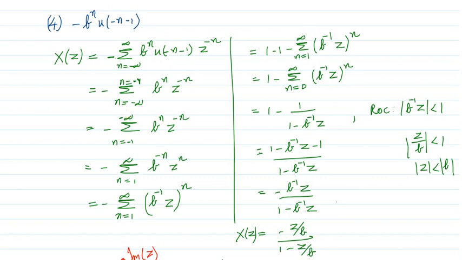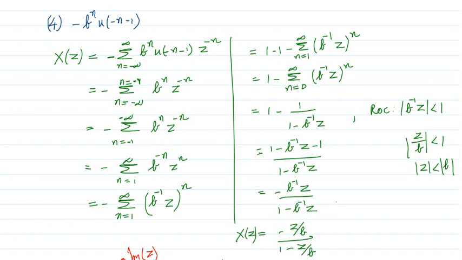I can write b power n z power minus n. So n is multiplied with minus 1: minus 1 has become plus 1, minus infinity has become plus infinity, and this minus n has become plus n.